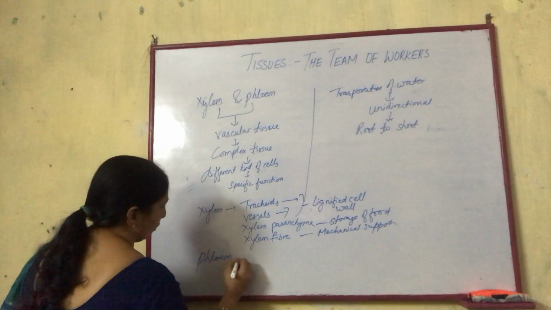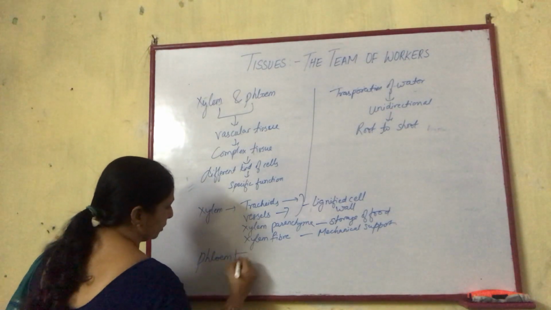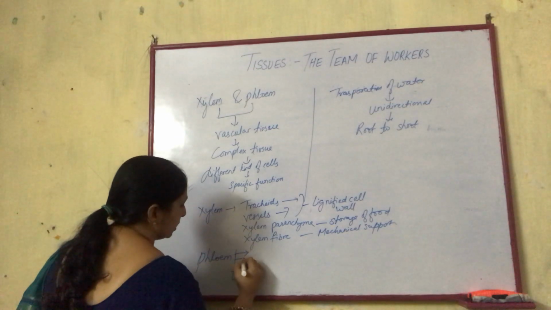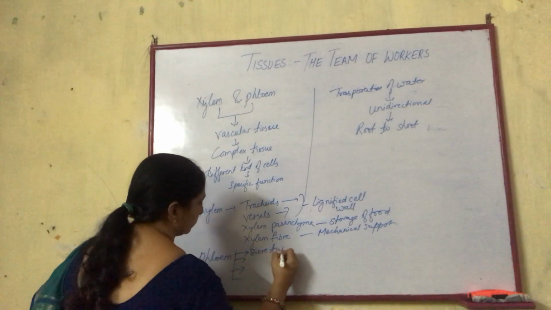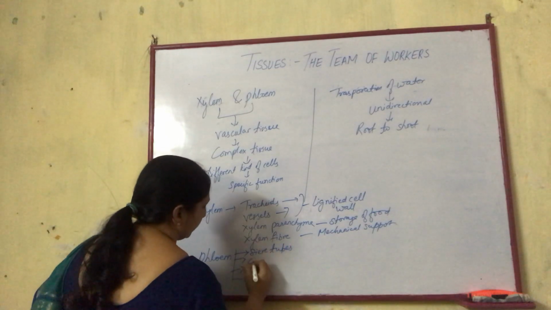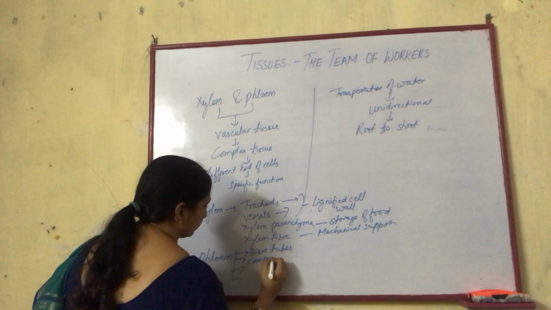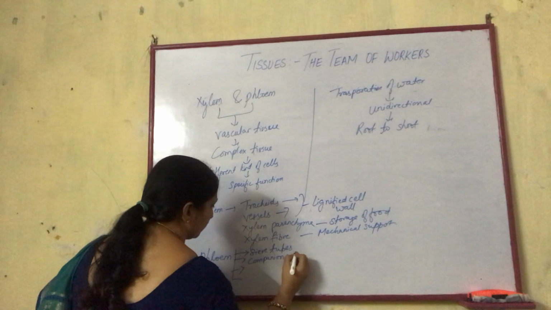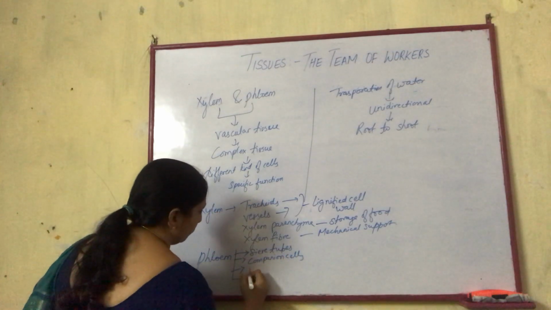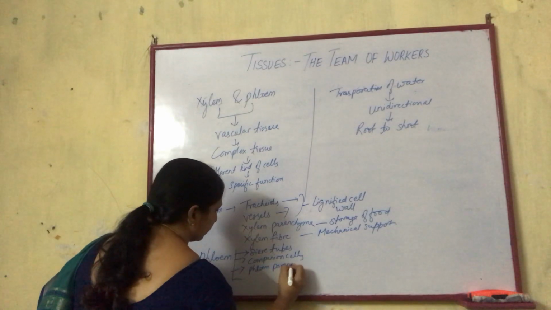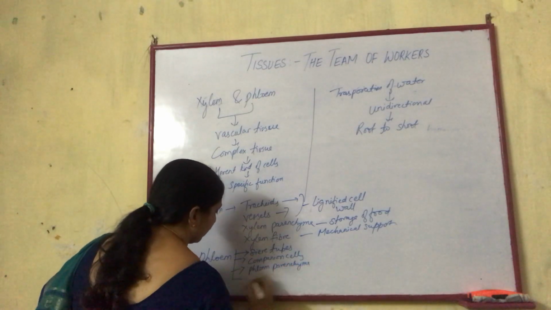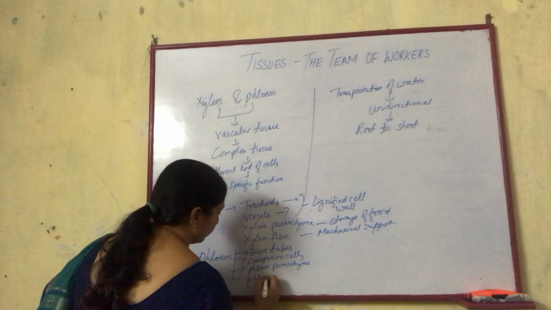Phloem is made up of four different types of tissue: sieve tubes, companion cells, phloem parenchyma and phloem fiber.